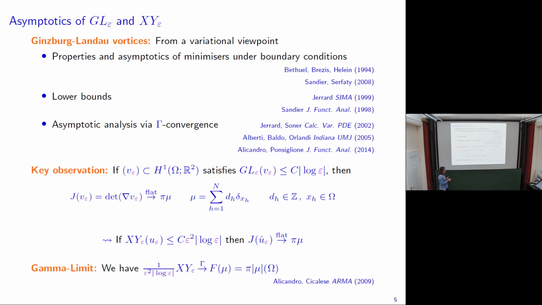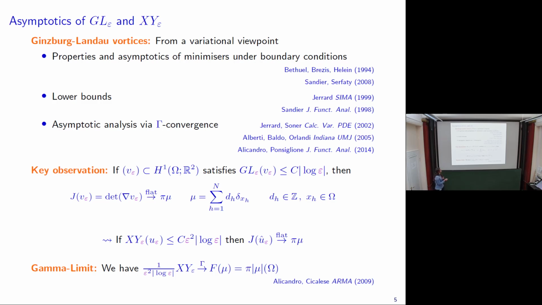Moreover, you get the gamma convergence result, relying on the corresponding gamma convergence result for the Ginzburg-Landau energy, which tells you that in this logarithmic rescaling regime you will gamma converge to the total variation of this limiting measure on omega.